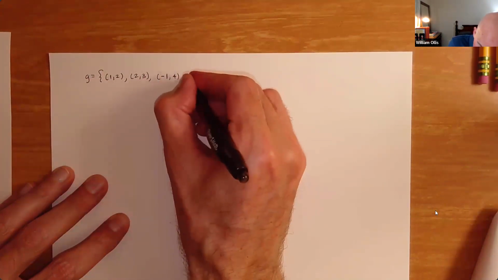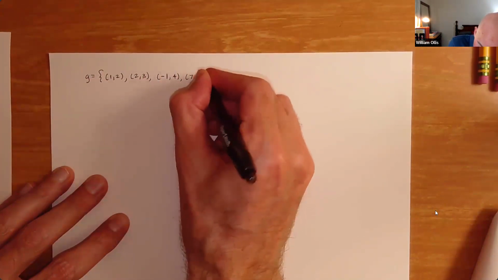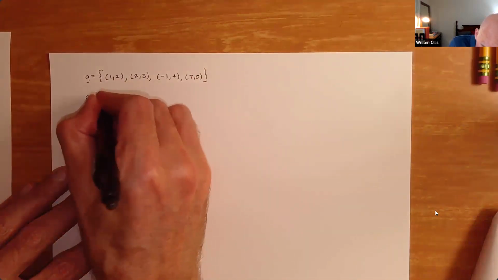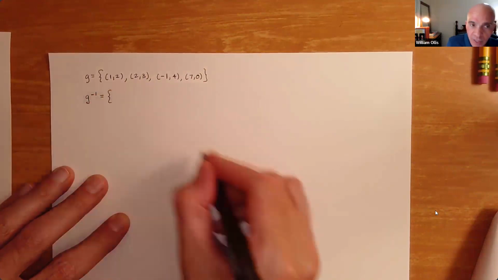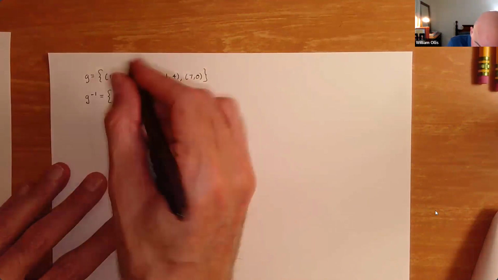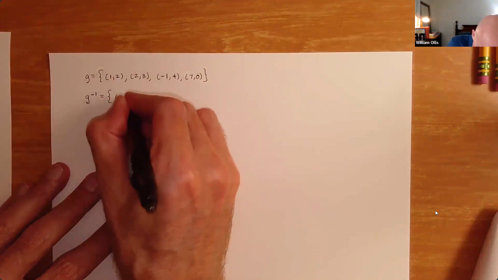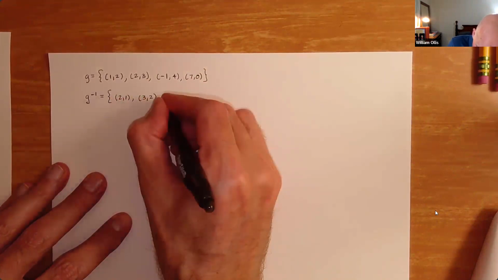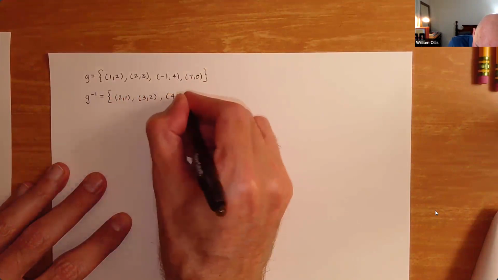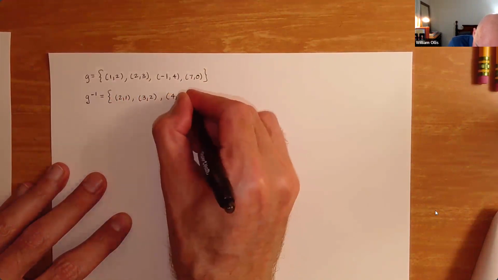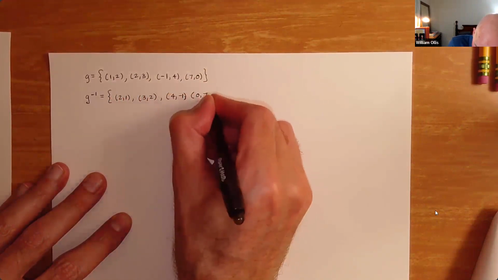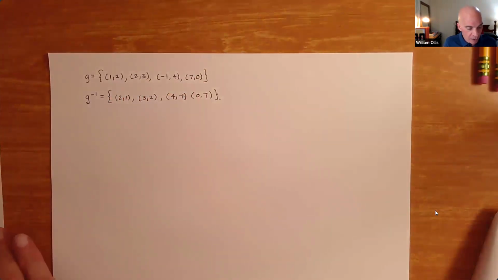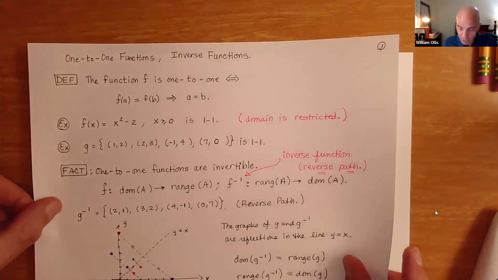It's always good to start out with a finite case because you can see so much of the detail without the clutter of a lot of additional work. And now just flip them around. 2, 1, 3, 2, 4, -1, and 0, 7. Just like we wrote on the previous page. I'm just simply repeating what I've done here.